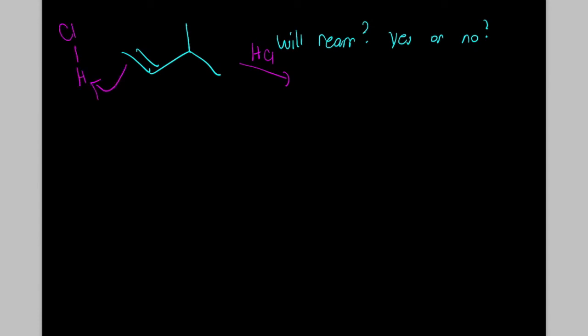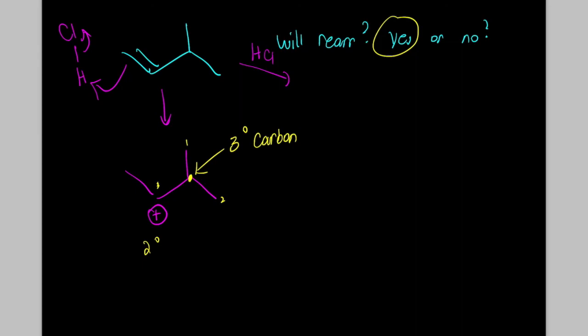You first are going to protonate your alkene to give you a secondary carbocation, okay? And remember how we decided if there's going to be a rearrangement. If you have a more substituted carbon nearby, right next to it, it will rearrange. This is a tertiary carbon. We say it's tertiary because this carbon's connected to 3 carbons. But this carbocation is only secondary, so the answer is yes, it will rearrange.